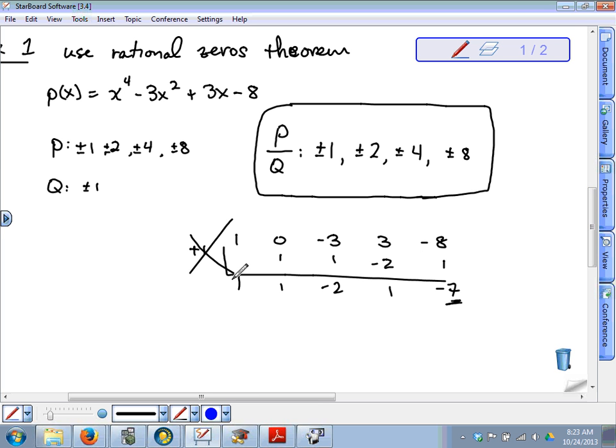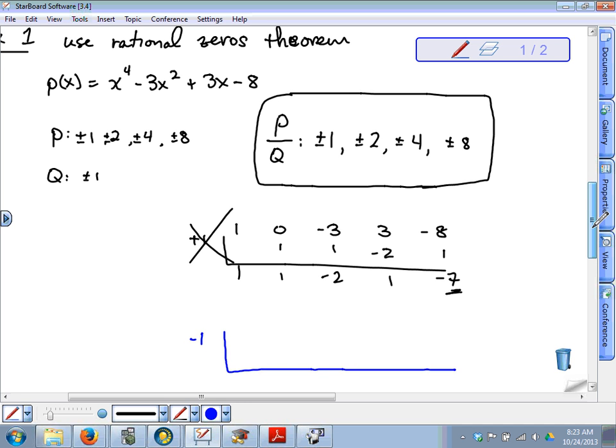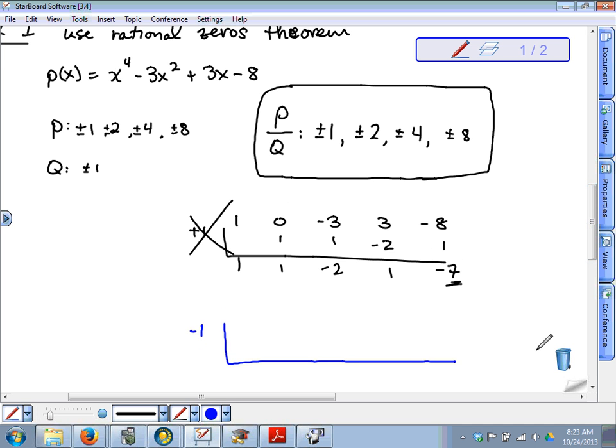Positive 1 didn't work. Let's try negative 1. Does negative 1 provide us with anything? Go ahead and try it. Try negative 1.